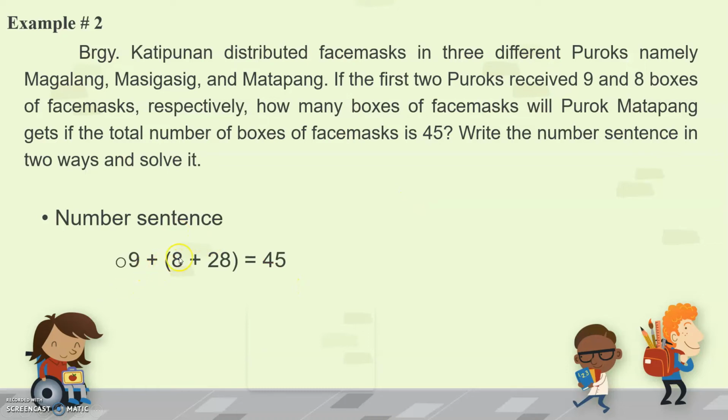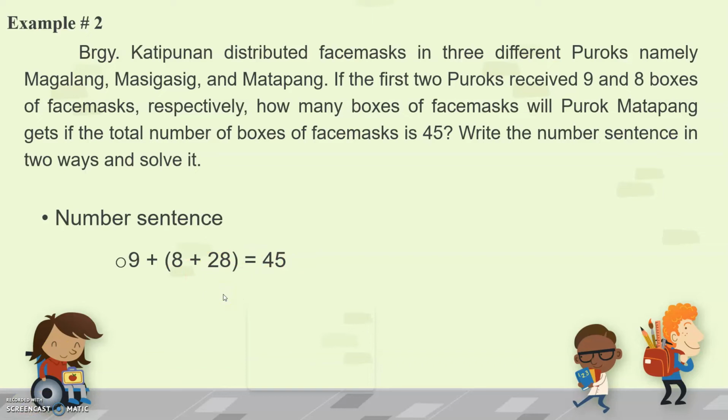So, 9 plus 8 plus 28 equals 45. So, saan galing yung 28? So, ang ginawa natin is we added 9 plus 8, which is 17. And then, subtract natin sa 45, yung natira, yun yung nakuha ni Purok Matapang. So, ito yung first number sentence natin.